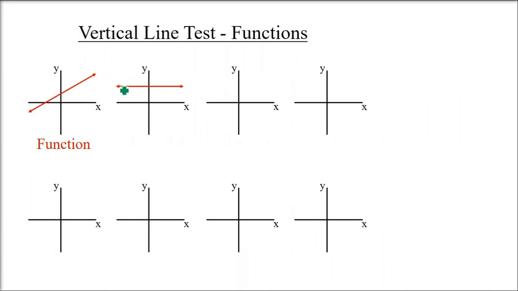What is the interpretation? Let me take this one also. One line passing through left, coming through right. Every time, this green line, second time, third time, fourth time, it is passing, and it only intersects once every time. The interpretation is, for every x, there is a unique y.